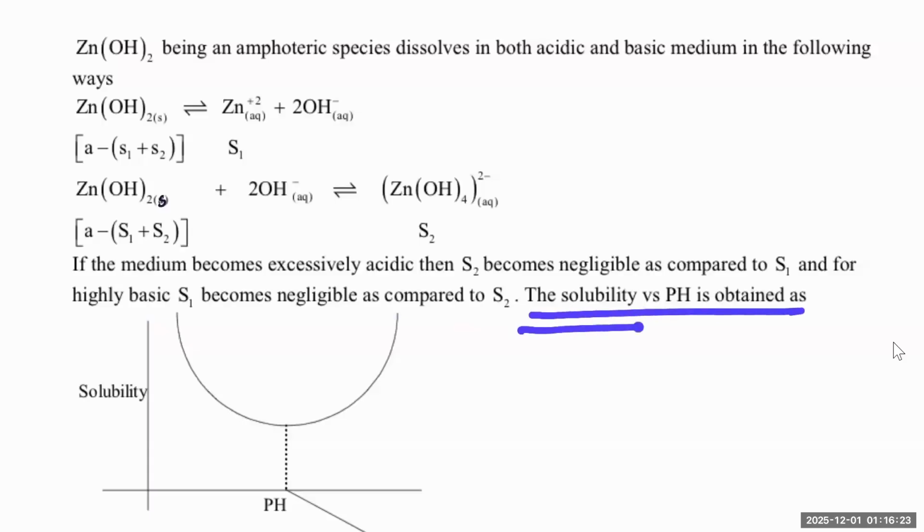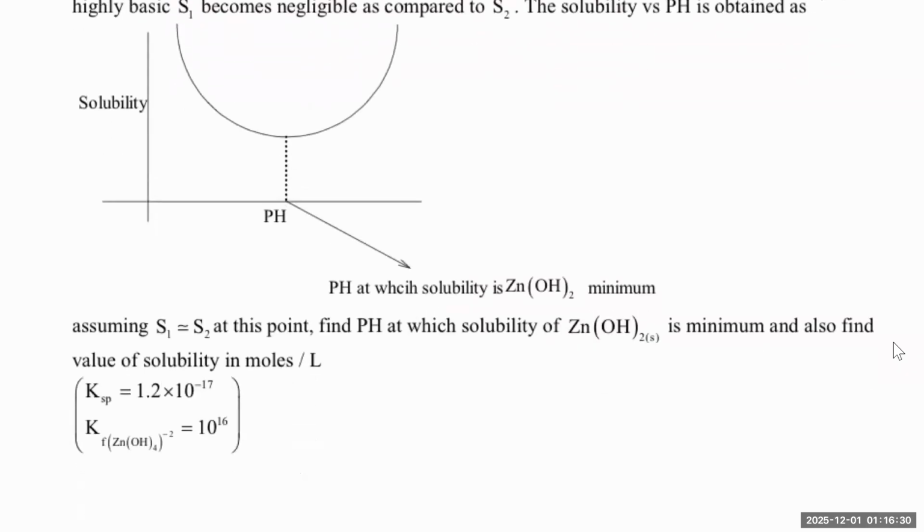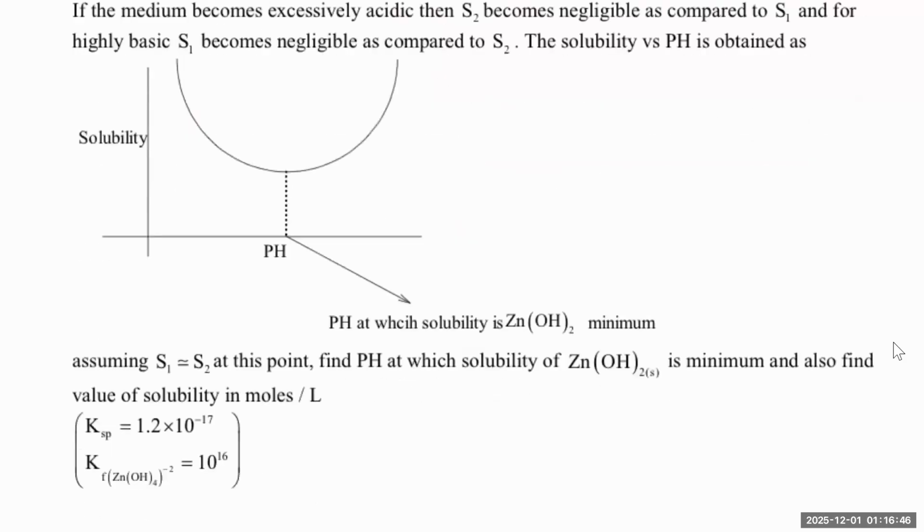Then the solubility versus pH curve is given, showing how the solubility changes with pH. Assuming S1 is equal to S2 at this point, find the pH at which the solubility of solid Zn(OH)2 is minimum, and also what is the value of that solubility. So these are all the factors that have been given.